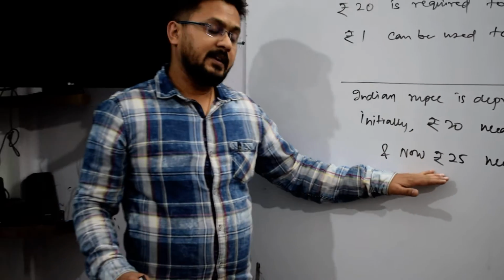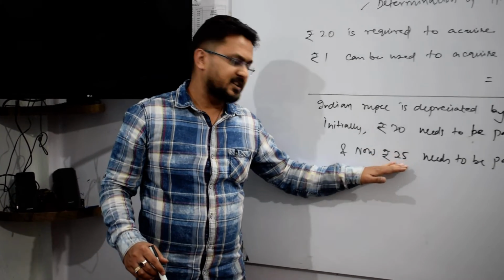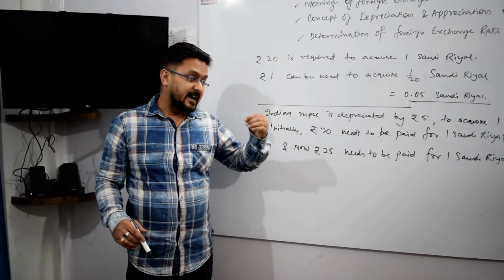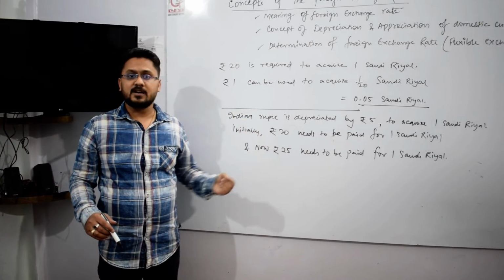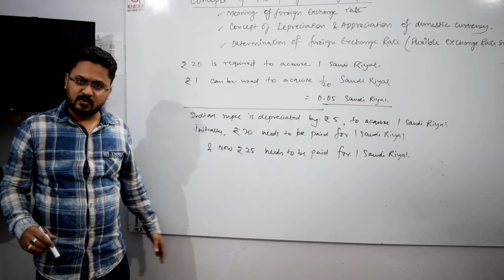Now in this case, Indian rupee is depreciated by rupees 5. That means 5 rupee extra is to be paid to acquire 1 Saudi riyal.